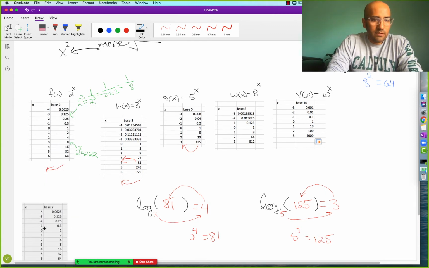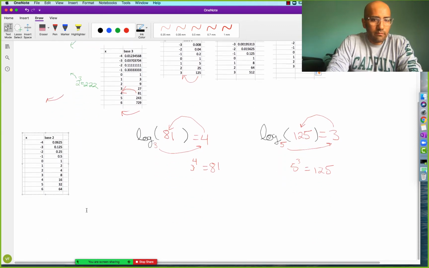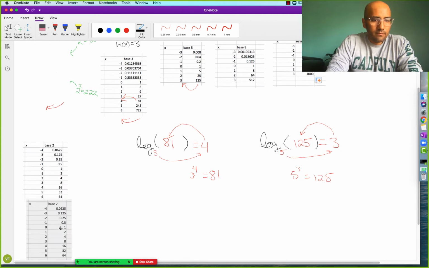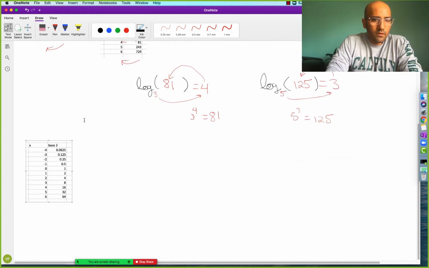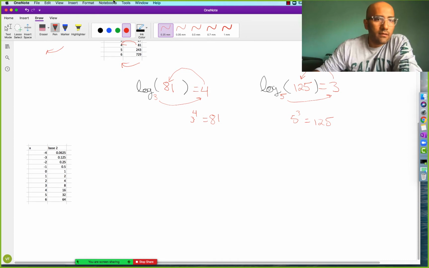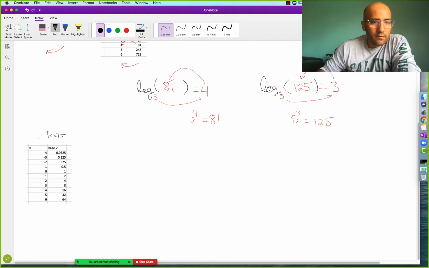Let's push this down over here somewhere, get away from all that mess. All right, so we had the function f of x equals 2 to the x power.